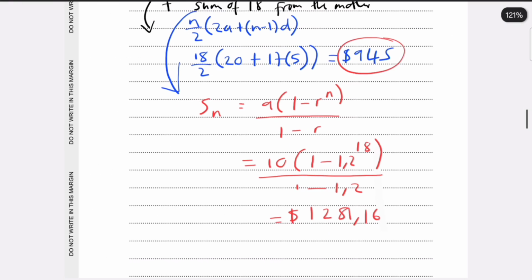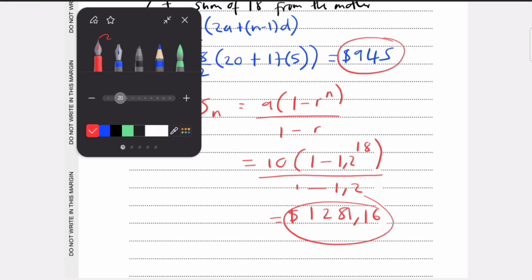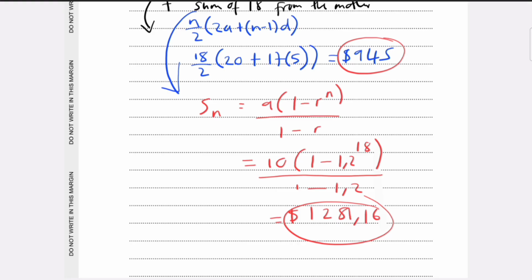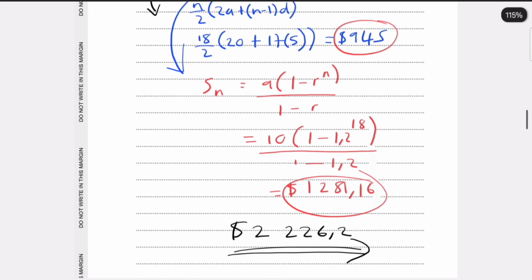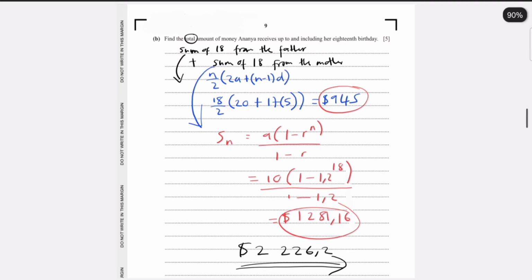So now adding these two values, 945 plus 1281.16, we get 2226.2, right? And that will be our answer for this question.